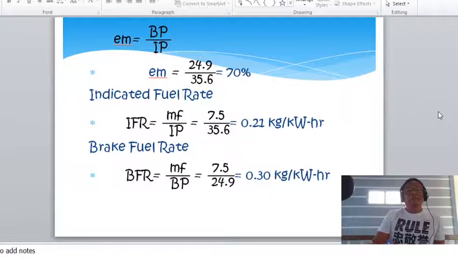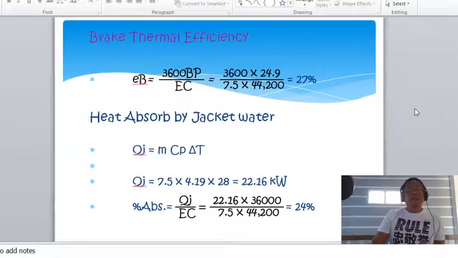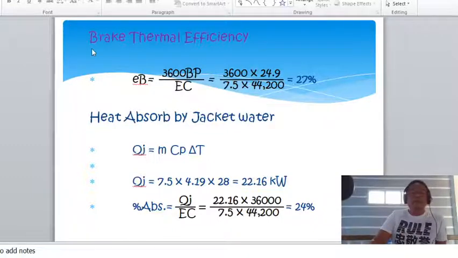For the brake thermal efficiency formula, that is 3,600 multiplied by the brake power over energy chargeable. Substituting values, the brake thermal efficiency is 27%.